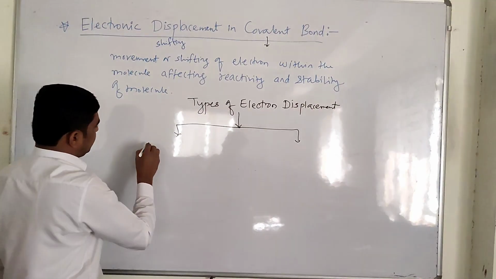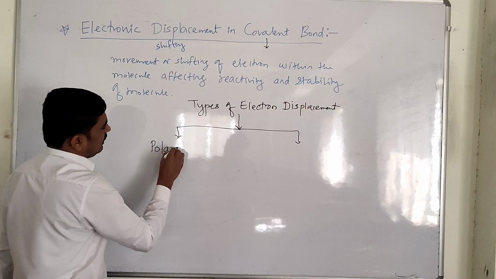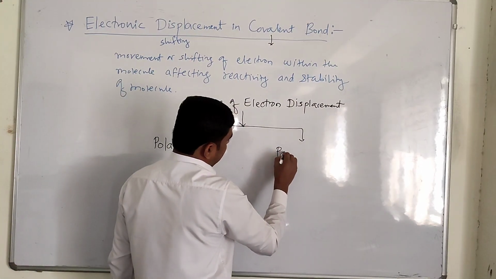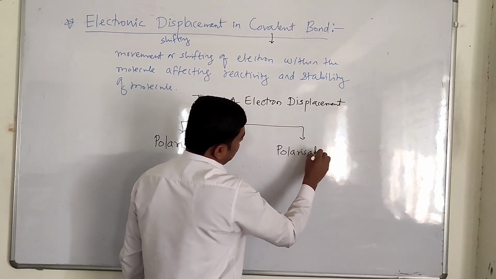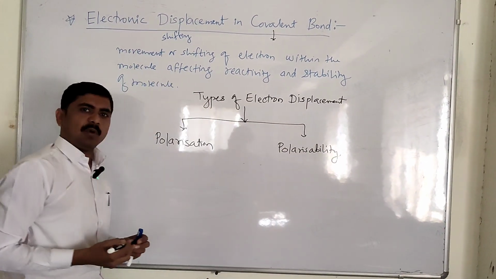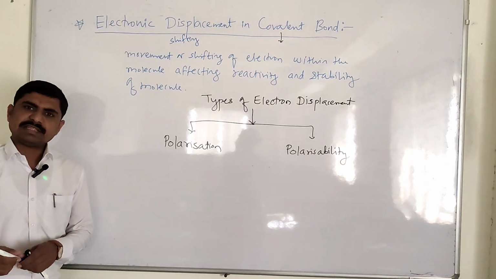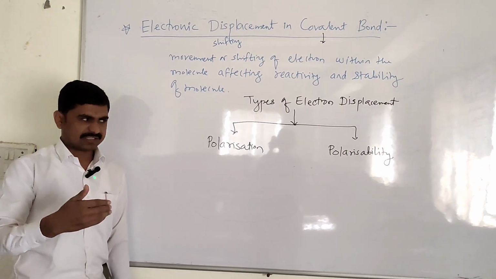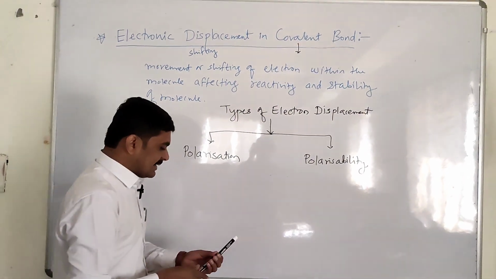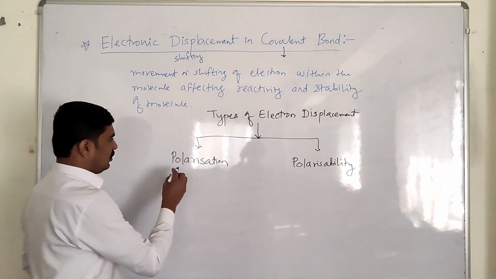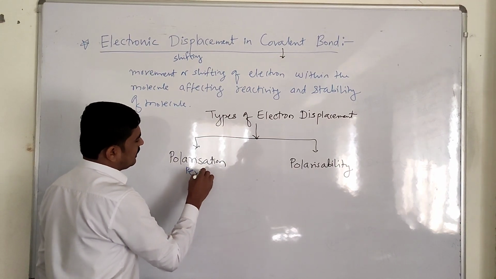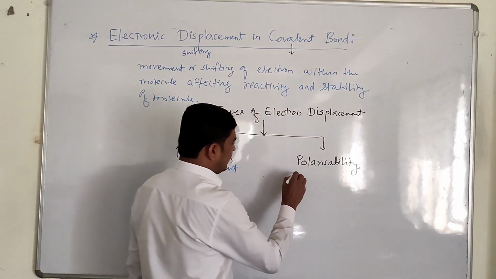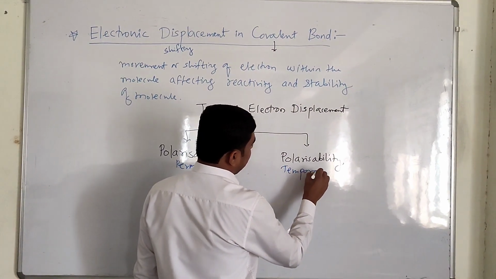The first type is called polarization, and the other type is called polarizability. Polarization is a permanent electron shifting or permanent electron transfer, whereas polarizability is temporary. Polarization is a permanent effect, and polarizability is a temporary effect.